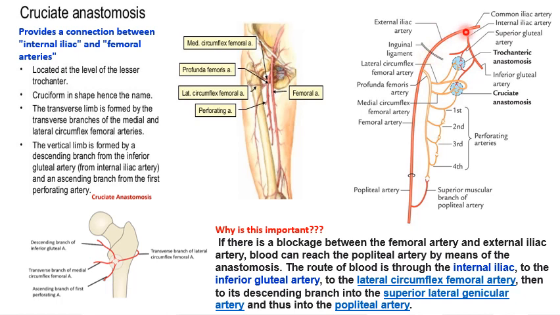Then the blood flows via the internal iliac artery, the inferior gluteal artery, the descending branch of the inferior gluteal artery, then the transverse branch of the lateral circumflex iliac artery, then the descending branch of the lateral circumflex iliac artery, then with the lateral superior genicular artery, then to the popliteal artery. So that's how the collateral circulation is maintained via this cruciate anastomosis.